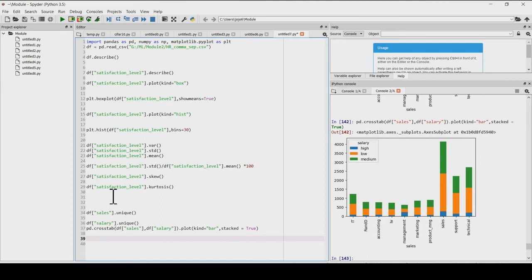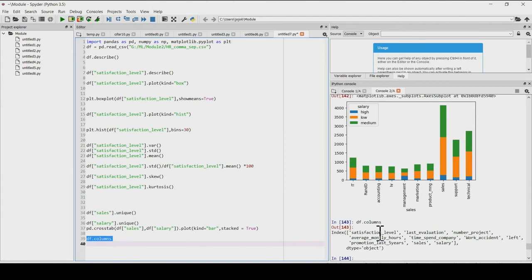So I'll again print the columns over here, df.columns, and I made a typo. Alright, so df.columns. Let's say satisfaction level would be our numeric variable, and we'll take salary as our categorical variable. Now we will need to augment the data to be able to go ahead with a bar chart.